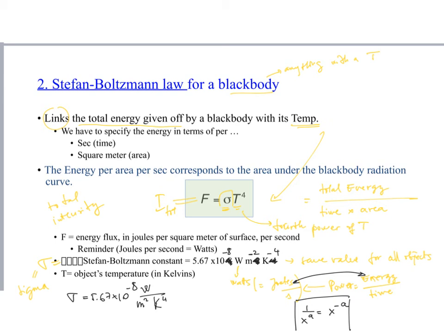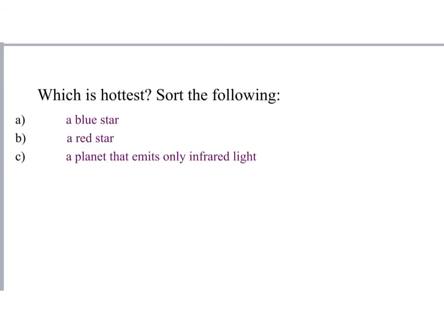All right, let's apply all these things. So let's look at this problem. Very similar to, I'm hoping, what you're going to find on the Mastering Astronomy website, the homework. So the question is, which one is hotter of the following? A, B, C: a blue star, a red star, or a planet that emits only infrared light, or actually its maximum intensity is in infrared light.